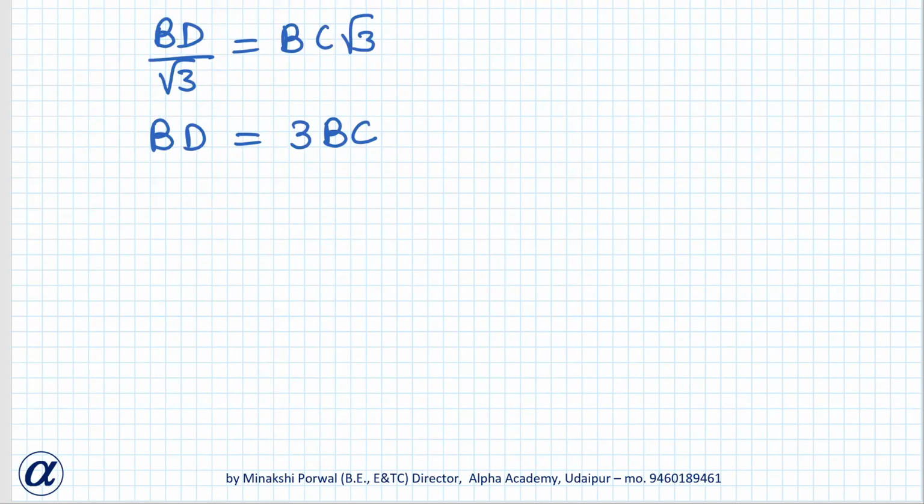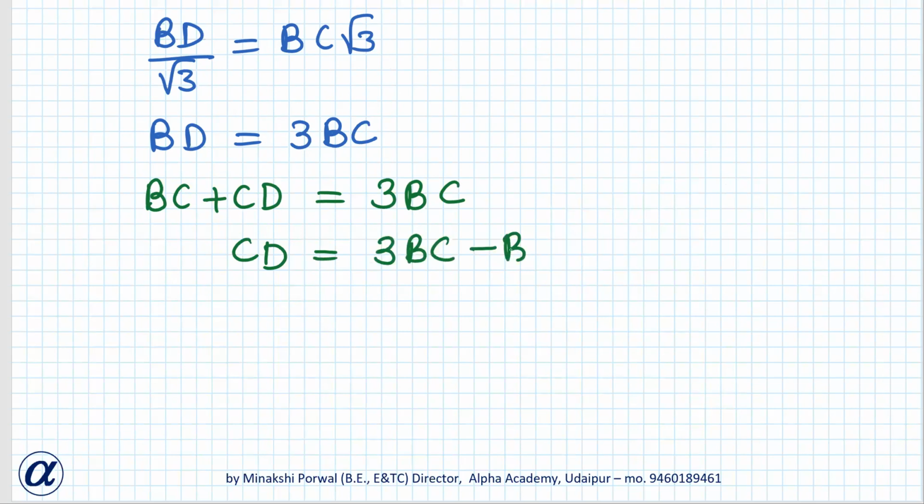So BC plus CD is 3BC, or CD is 3BC minus BC, that is equal to 2BC. That means the length of CD is double that of BC. If BC is x meters, then CD is 2x meters.